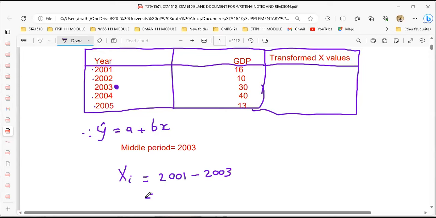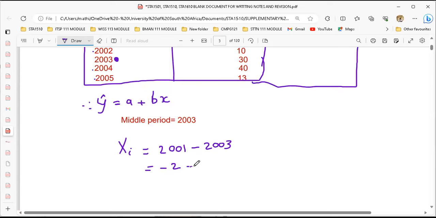So 2001 minus 2003, I got -2, meaning the first transformed x value here is -2. Don't forget that the GDP is the y value. Don't make the year the value of x. And then we are done with this one.